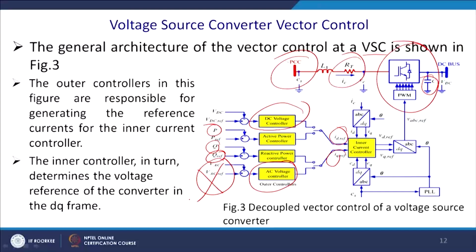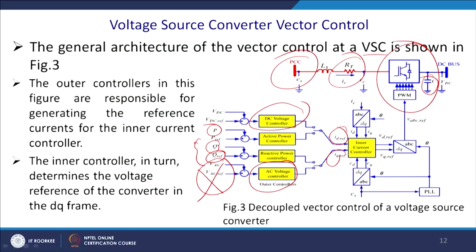If you have sags and swells, then only this comes into the picture, that is an AC reference and PI controller. Ultimately this will affect the reactive component of the power. Once you have a transient sag or swell, definitely this operation is required to be off.